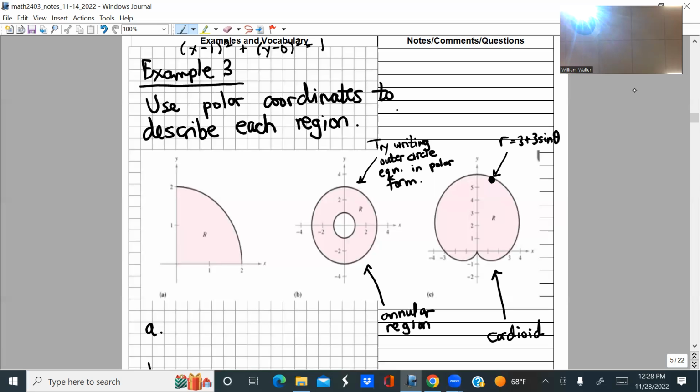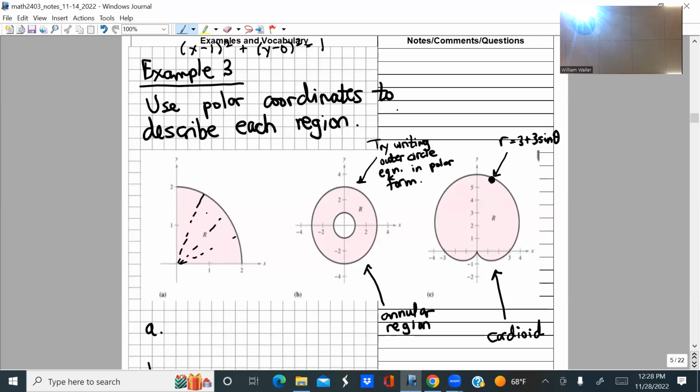So think about the polar coordinates for points in this region. What do you know about the R values, the radius value, for these points? Any point in this region, what do you know about its radius? It's not equal to 2, right? Because if it were equal to 2, it would be right out here on this curve. But all of these points are also part of the region.